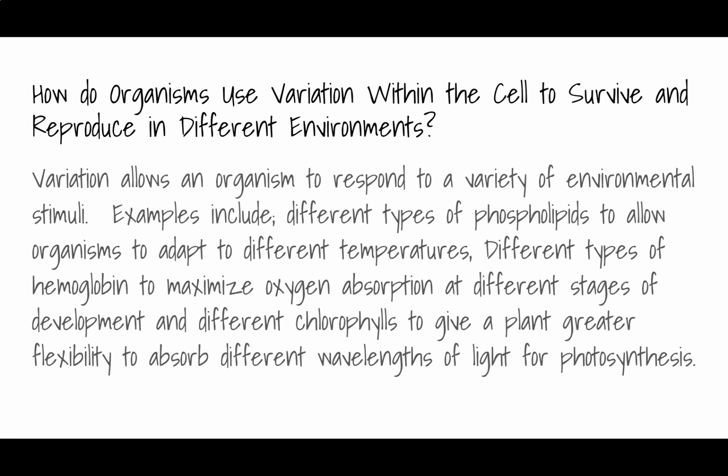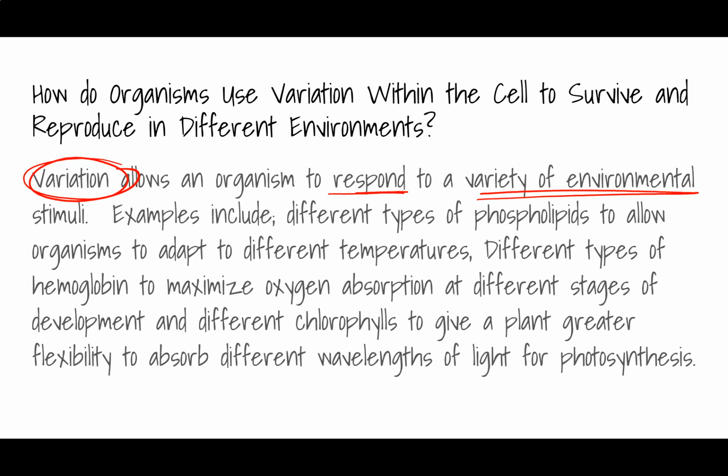So, how do organisms use variations within the cell to survive? Well, of course, what does variation always do? It allows organisms to respond to a variety of environmental factors. Some of the things we may see in some cells is a variation in the phospholipids, which may or may not let certain things in, which may or may not deal with various temperatures.